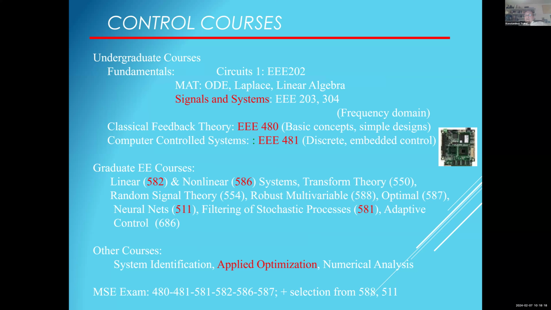So second order oscillatory system with some damping ratio, it can be a circuit, but it can also be a mechanical device, a suspension system for a car, and so on.